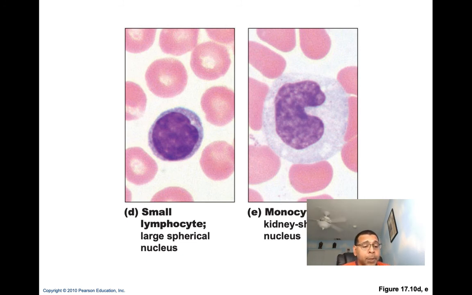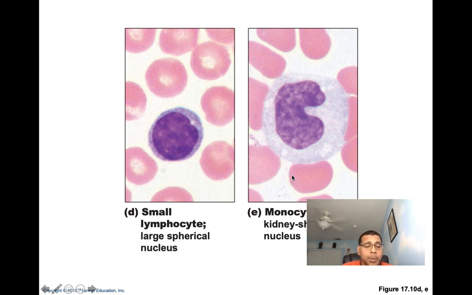So lymphocytes mount immune responses by direct cell attack or via antibodies. And you can see they have spherical nuclei, sometimes indented on one side.